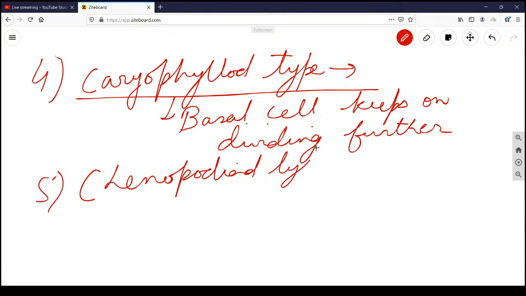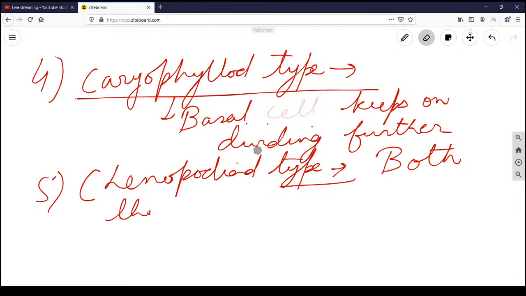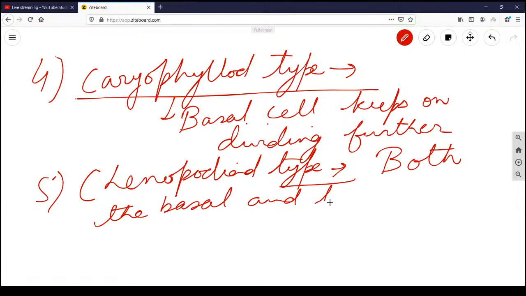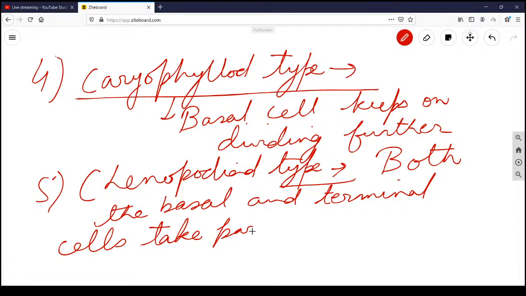Both basal and terminal cells take part in the development of the embryo here also.